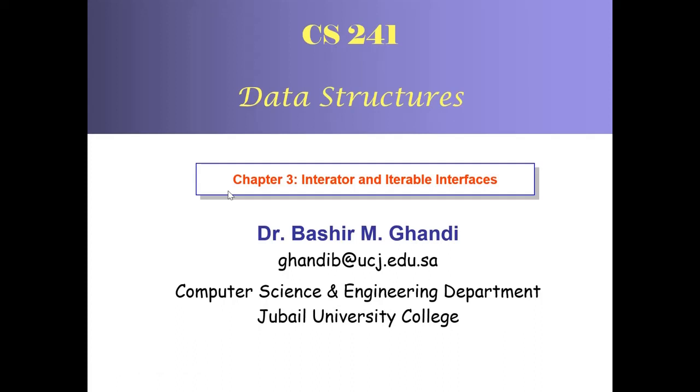Rather, we are going to improve on the ones we have developed so far, particularly the doubly linked list. And we're going to do that by studying two very important interfaces, which are Iterator and Iterable. These are two interfaces in the Java library.